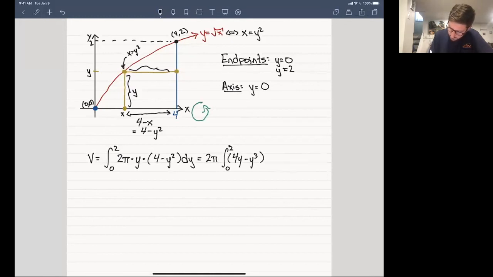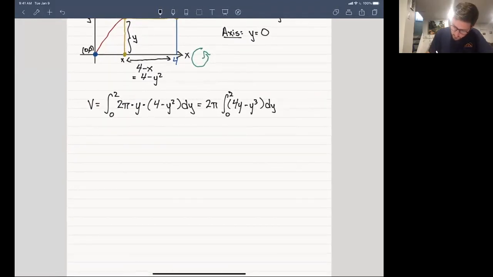Now it's just a nice, easy polynomial. I get 2y squared minus y to the 4 over 4, running from 0 to 2. Again, nice calculator problem. This is equal to 8 pi.